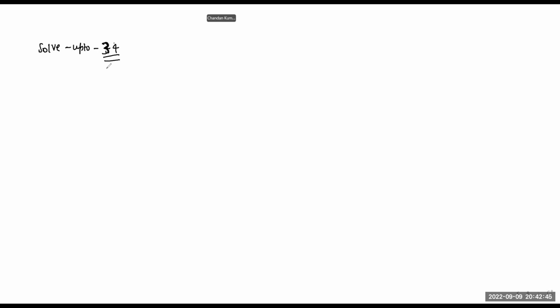So you can solve it in a proper notebook. And once you are done on Tuesday, always send me the PDF on my WhatsApp. Don't send it in the group, because someone else will see it. So better send it to my number. I'll check everyone's response by Tuesday.